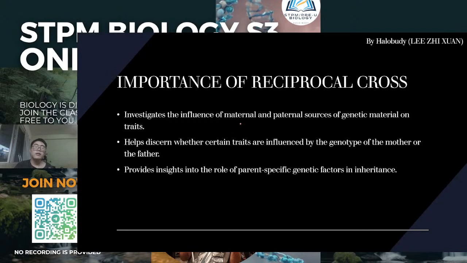That is why they do the reciprocal cross to prove this result. It also provides insight into the role of parental-specific genetic factors in inheritance, so they need to know what role the mother's and father's genetics play and how they affect inheritance.